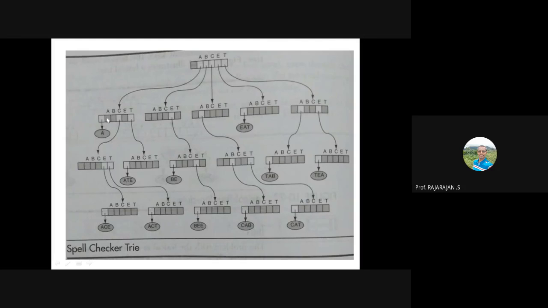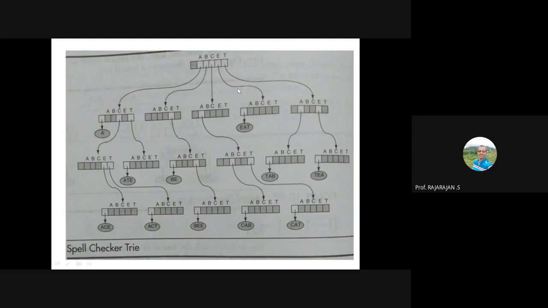That is, A to A is null, A to B is null, and A to E is also null because we don't have words represented in our spell checker with that order. So we just keep it null, and we won't have the subtrees for those nodes. We don't need to have all the subtrees for every combination or sequence. Only the sequence that is actually present will be filled with the address, and then it will continue like this.